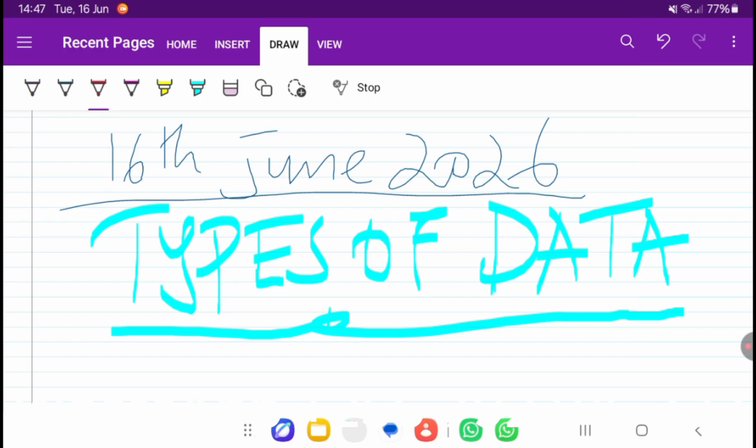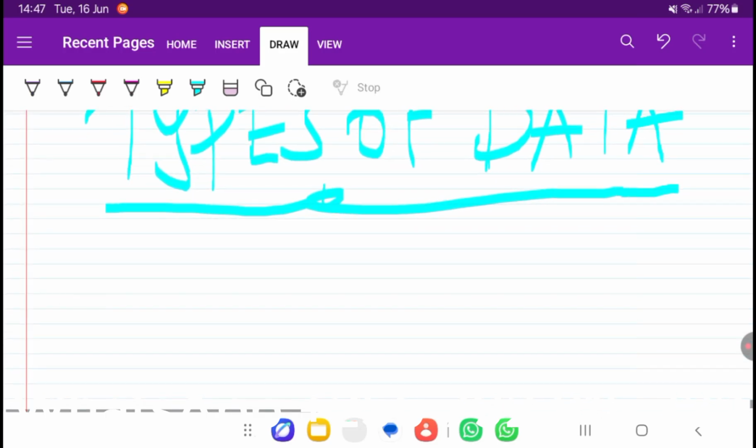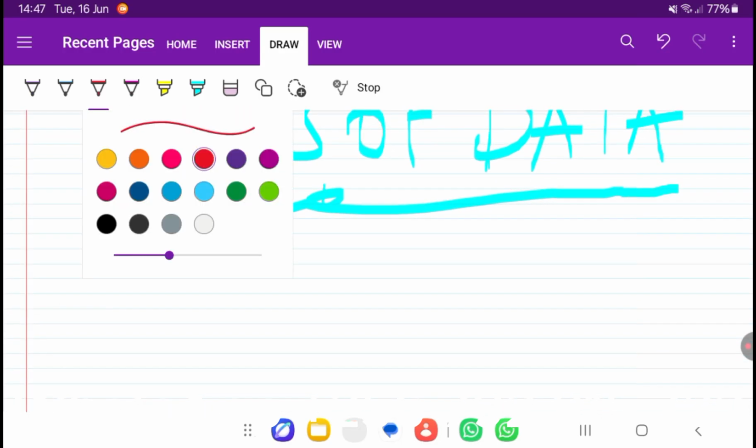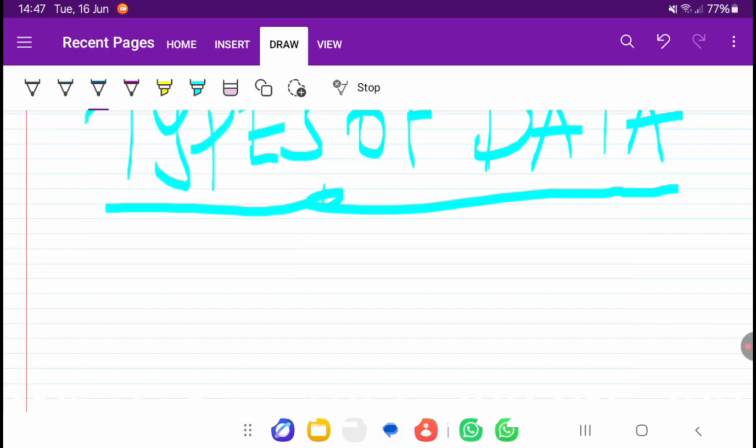So, without wasting more time, let's begin, and we start looking at what we have as far as data is concerned. Now, one thing you will understand from the definition of data, we said that data refers to the raw facts and figures which can be used to draw conclusions.